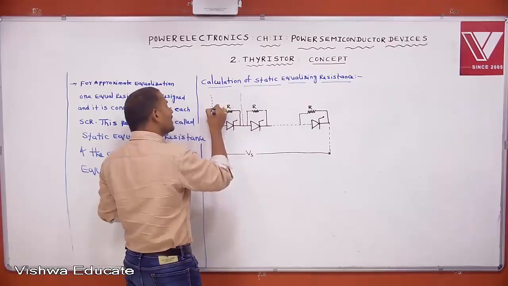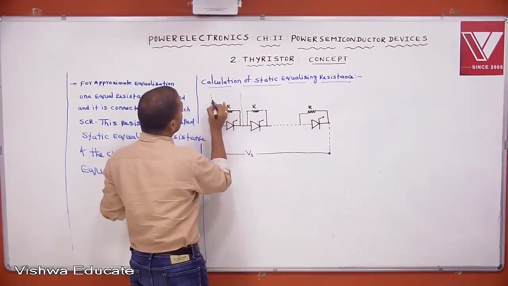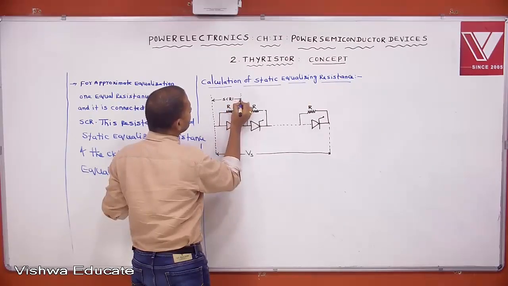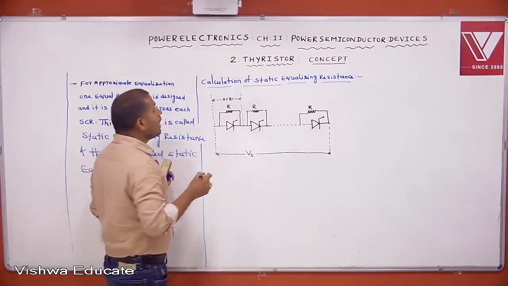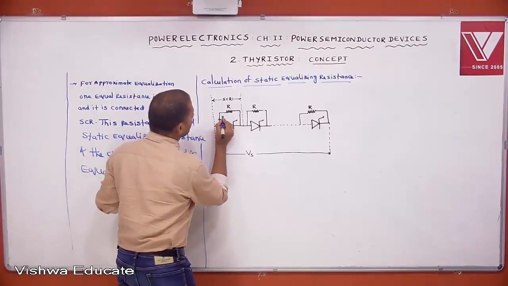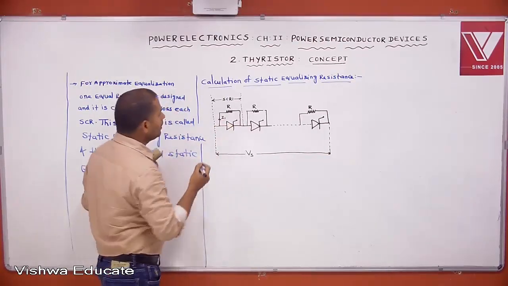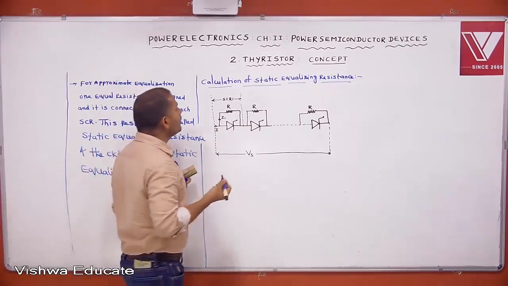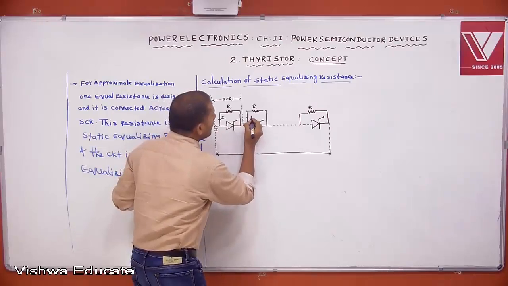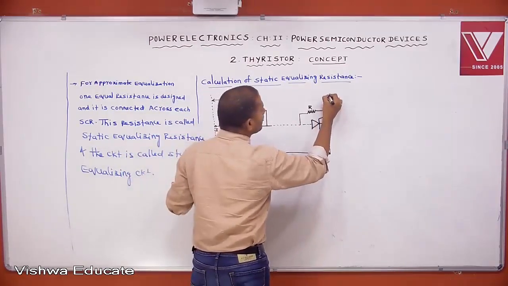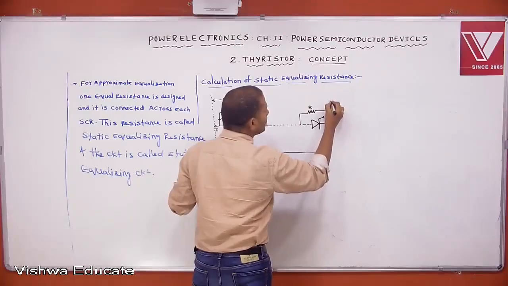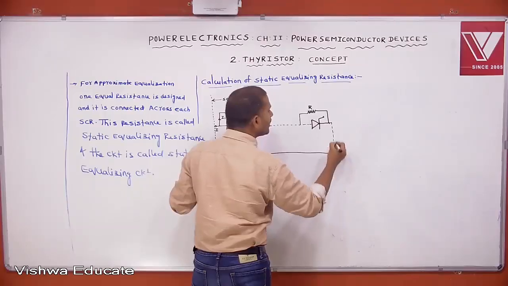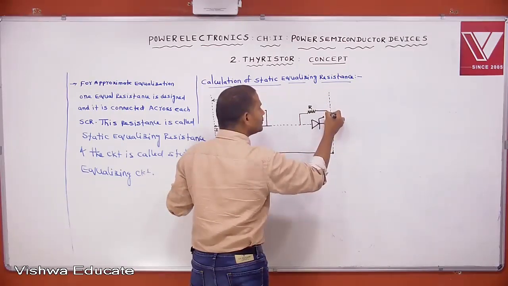Let this be SCR1 and it carries current I1. Let the total current be I. Then the remaining n minus 1 SCRs belong to another category, meaning all these n minus 1 SCRs block the same voltage.